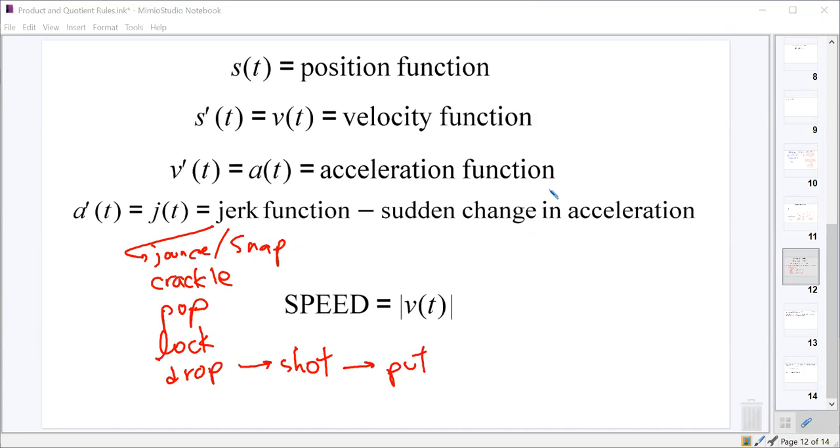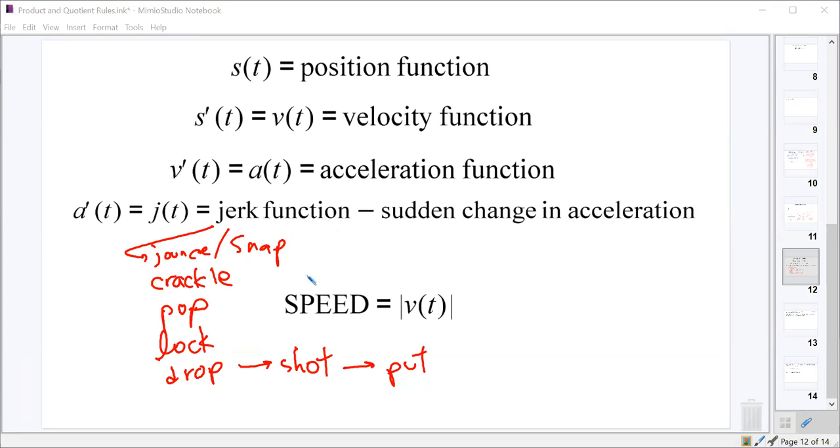Yeah? That was a fun little non sequitur about Rice Krispies and dancing and my YouTube channel or something. You don't need to know those. Just know that the derivative of acceleration is jerk, and that's far enough. That's all you need to know. But it really is snap, crackle, pop, lock, and drop. And shot and put. Not lying to you.